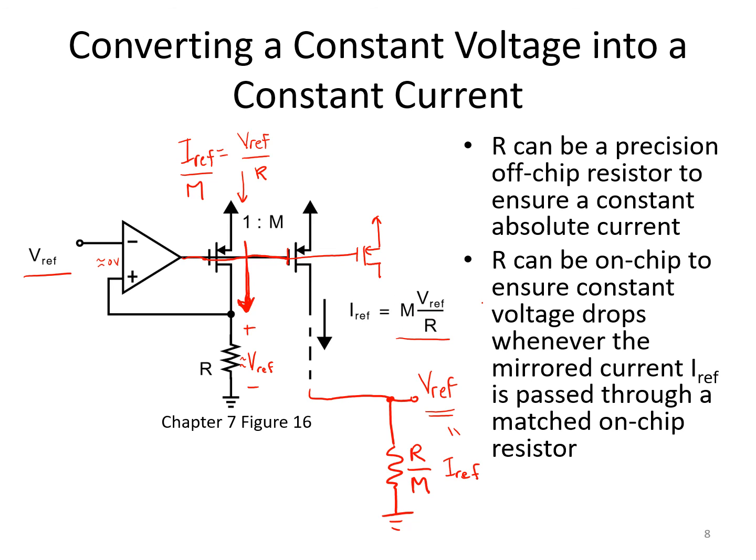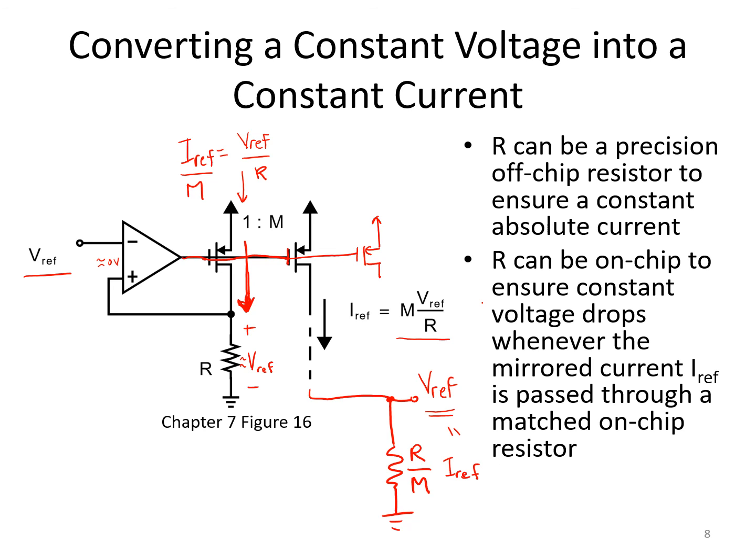Okay. Now, if you absolutely require an absolute value of current, like a specific number of microamps to be delivered, that's actually quite a challenge on a fully integrated analog circuit, because although we have the band gap of silicon, which is an absolute constant number of volts, there's no equivalent current constant that we can grab onto and make use of in a silicon IC.